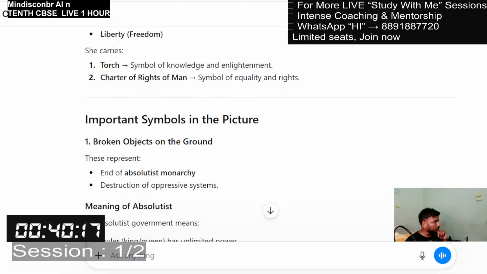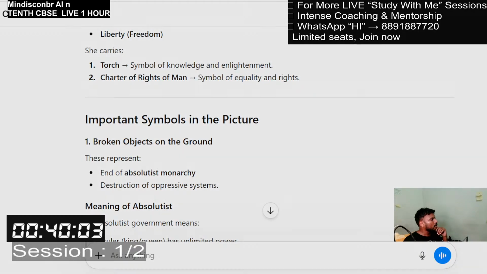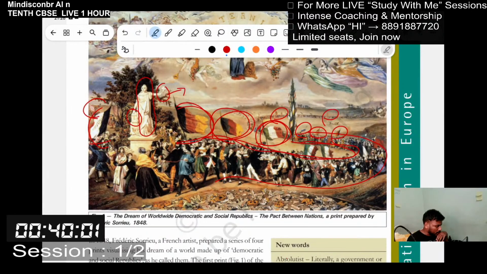Important symbols in the picture. There are some more symbols in the picture. First one is broken objects on the ground. Where can you find broken objects? Yes, here you can see the broken objects. What are these broken objects?